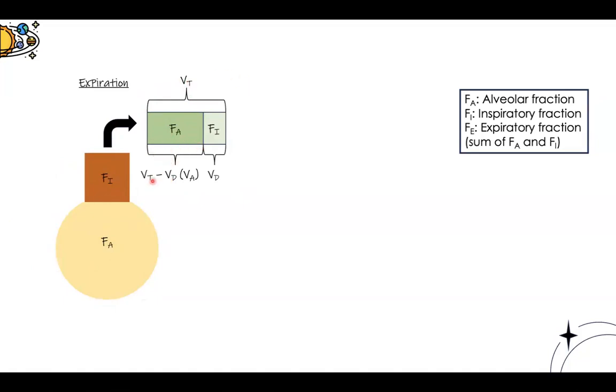Alveolar volume we can calculate by VT minus VD, and the inspiratory fraction is VD. Now you have these two mixing, and you get the total mixed expiratory fraction, which again equals tidal volume. Is that clear?